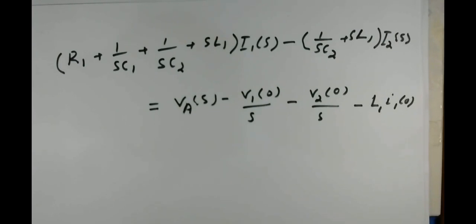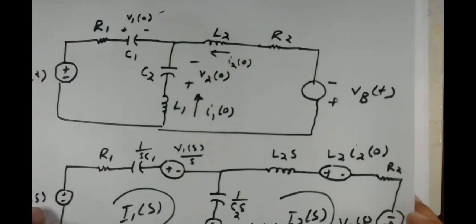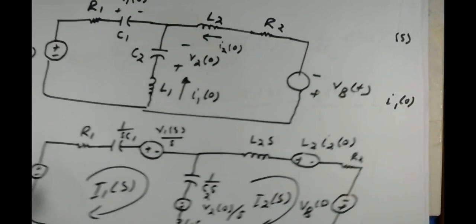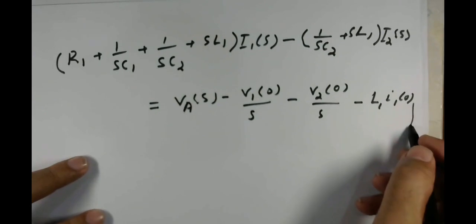This is the equation for this loop. Say this is equation 1.